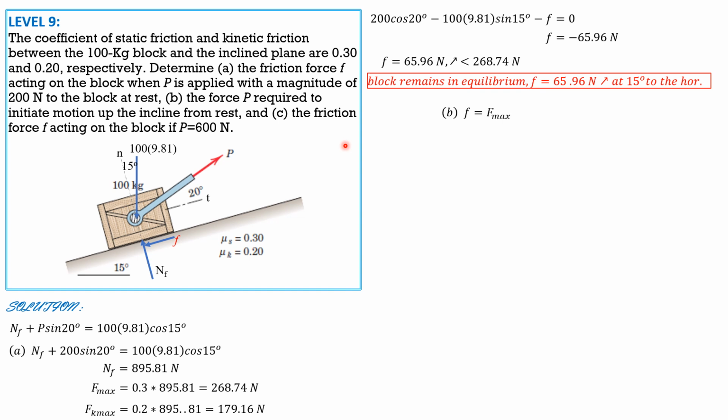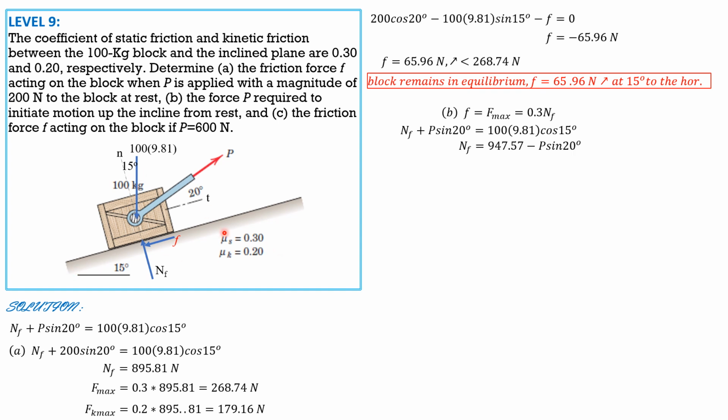So F equals F max equals 0.3 of NF. To solve for NF, summation of forces normal equals 0, NF plus P sine 20 degrees equals 100 times 9.81 cosine of 15 degrees. So NF is 947.57 minus P sine of 20 degrees.